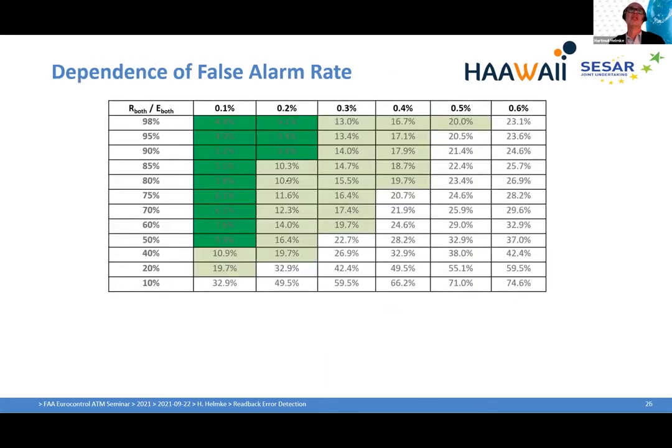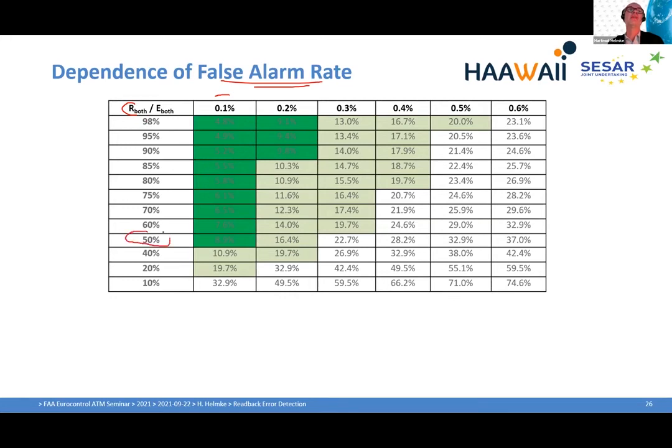Here you see the main meat of the output. In the cells you see the false alarm rate. Here you see the recognition rate, meaning that both the ATCO and the pilot commands are correctly recognized. And here you see the error rate, which means that at least the ATCO command or the pilot command is wrongly recognized. So for the false alarm rate, the recognition rate is not really the challenge.